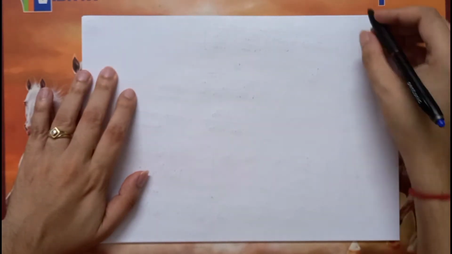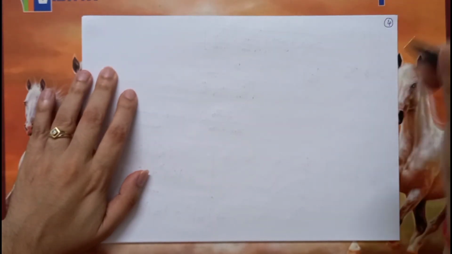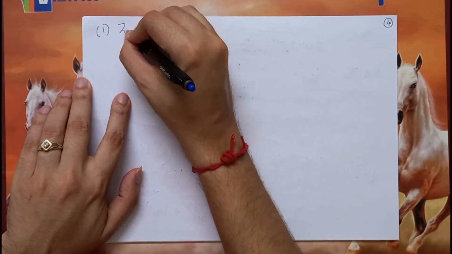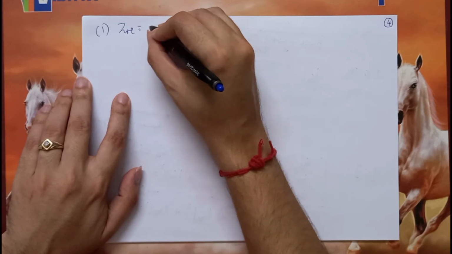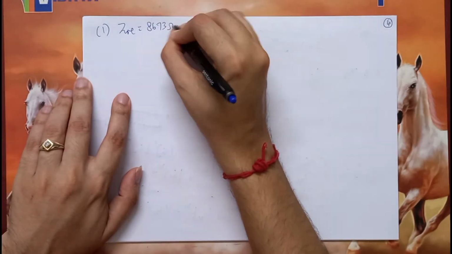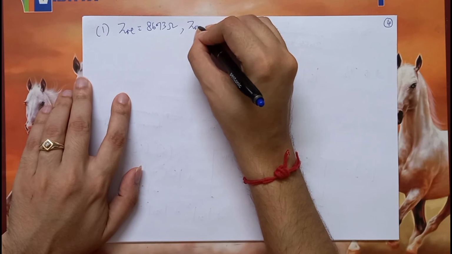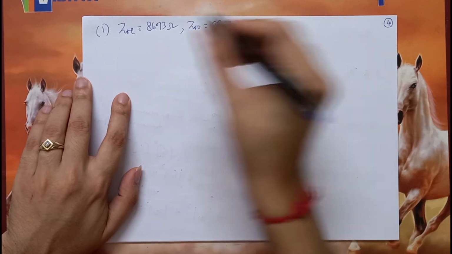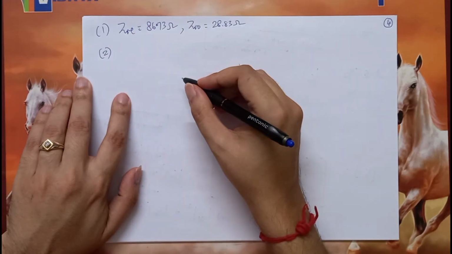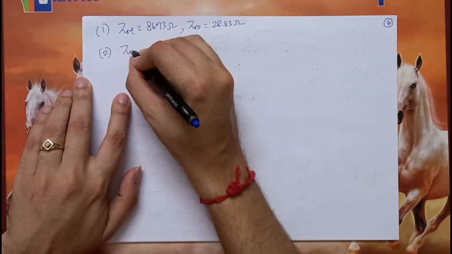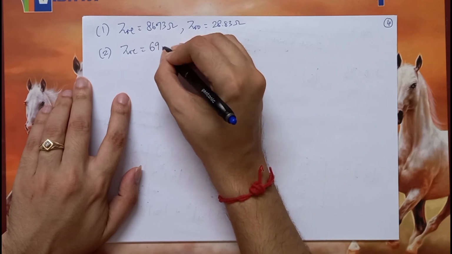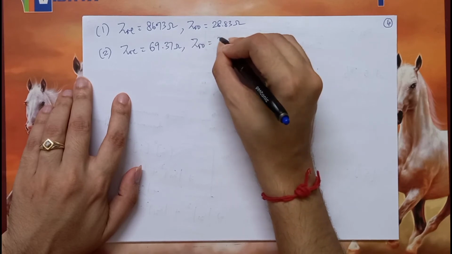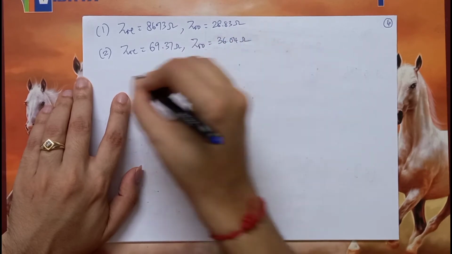Now, again, let us go back to those three cases. Case 1, where Z0E was 86.73 ohms and Z0O was 28.83 ohms. Case 2 is when Z0E is 69.37 ohms and Z0O is 36.04 ohms.